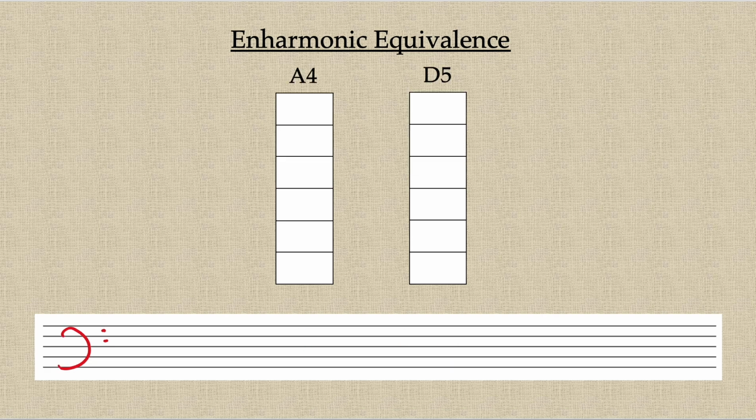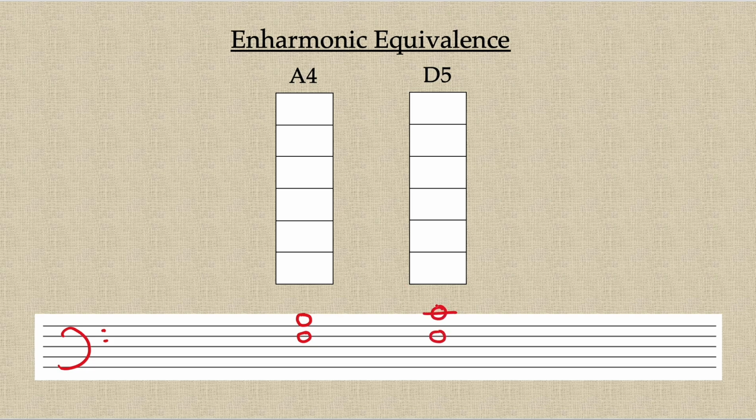Another example of enharmonic intervals: augmented fourth and diminished fifth. F to B is an augmented fourth because from F, G, A, B is a fourth and it consists of 6 half steps. That's why this is an augmented fourth.